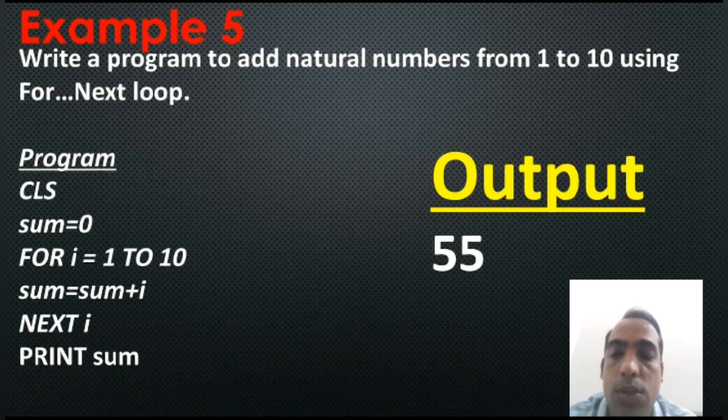Then sum equals to sum plus I. Then next I, then print sum. Here you can see print sum will print the addition from 1 to 10. It will print 55 because the addition of the first 10 numbers is 55. You can see the output.